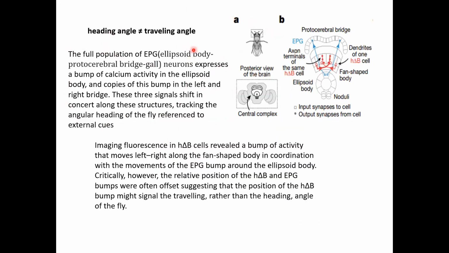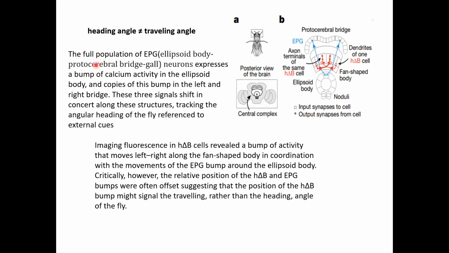Now let's come back in more detail to the fact that there's a heading angle which is different from the traveling angle. I already said that, but here I read it for more detail. These sentences are directly taken from the article. I might change them a little bit, but they come from the paper.